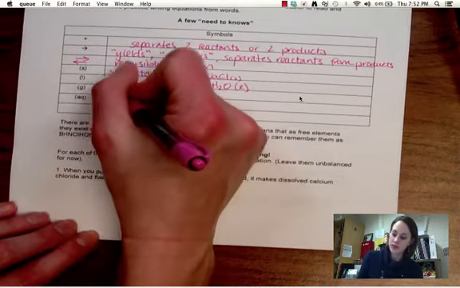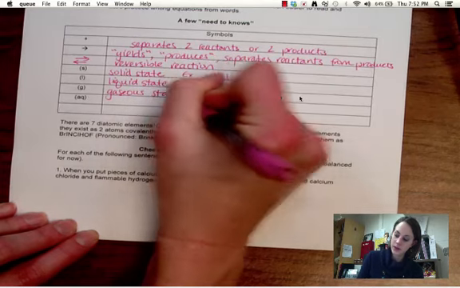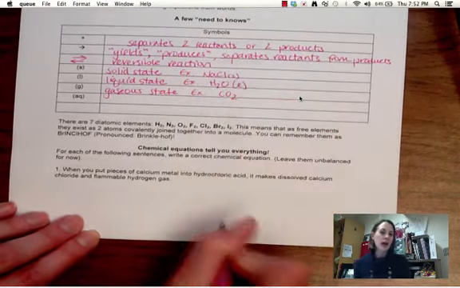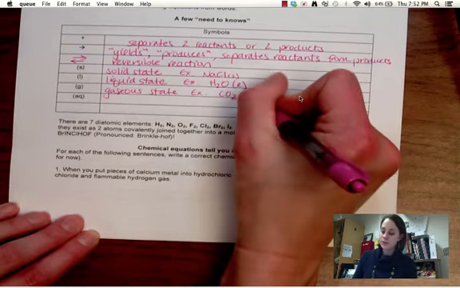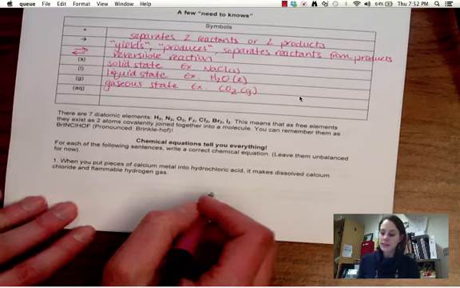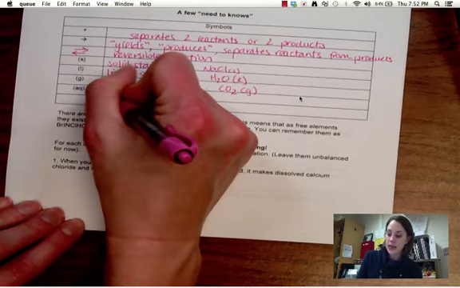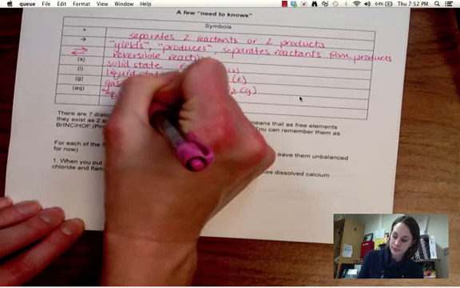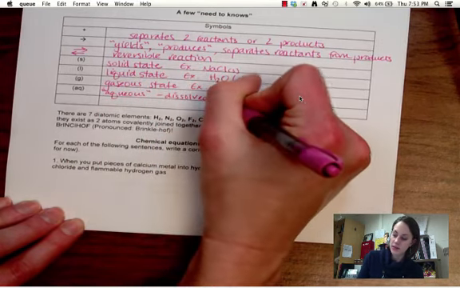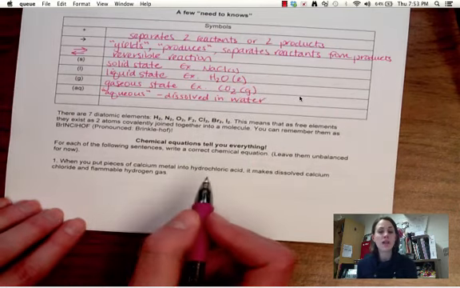G stands for gas, gaseous state. For example, carbon dioxide at room temperature would be a gas, so I'd put a G in parentheses. The next symbol is something new maybe. AQ stands for aqueous. What aqueous means is that something has been dissolved in water. I've made a solution of it now.